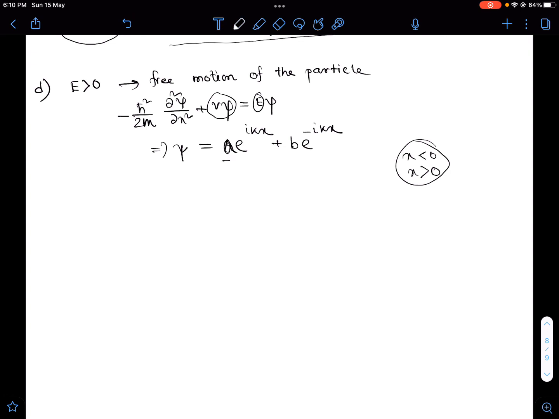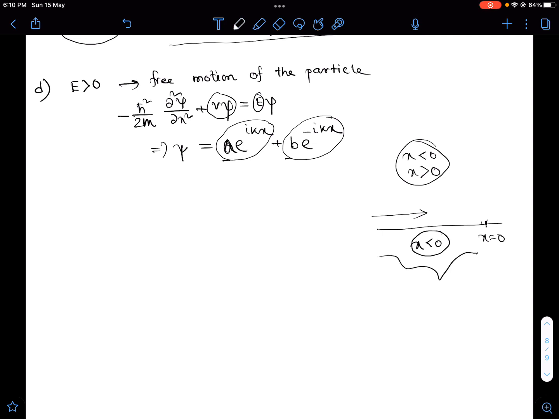Now, are all the coefficients non-zero? Let us check. Suppose that the particle is coming from the left. What does this term signify? This term signifies, for the particle coming from the left, that is for x less than 0, in this region, a plane wave that is incident from the left.